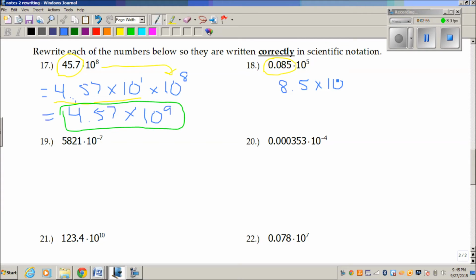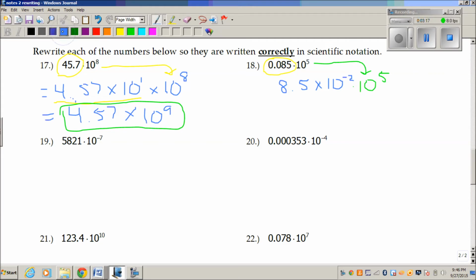And I think to myself, okay, I would have to move the decimal place 2 places. And this is a number less than 1. So it's going to be 10 to the negative 2 power. Okay? Now that I've rewritten the coefficient, I'm just going to carry down my 10 to the 5th. That doesn't go anywhere. I still have times 10 to the 5th.